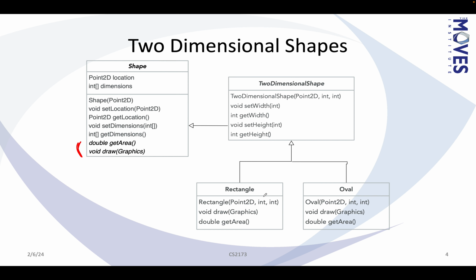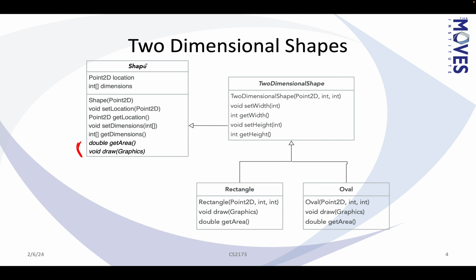In other words, I could declare my rectangle to be a rectangle, I could declare it to be a two-dimensional shape, or I could declare it to be a shape. My rule of thumb is that it usually works out best to declare the variable at the highest level of abstraction. That gives the most flexibility.